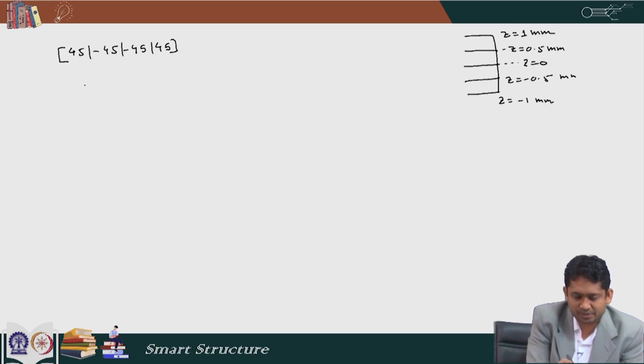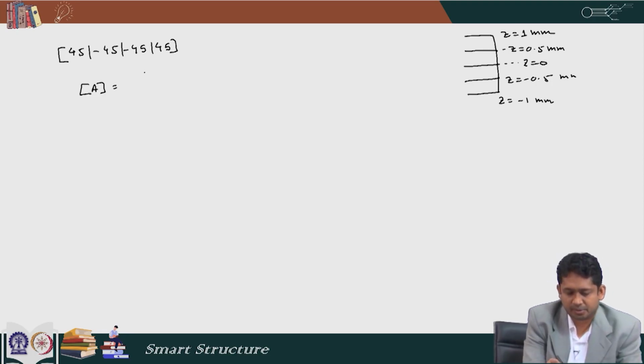Now, if you want to find out the A matrix, we know that the A matrix is the sum over k equal to 1 to n number of layers of the Q matrix in the XY system for the kth layer multiplied by zk minus zk minus 1.